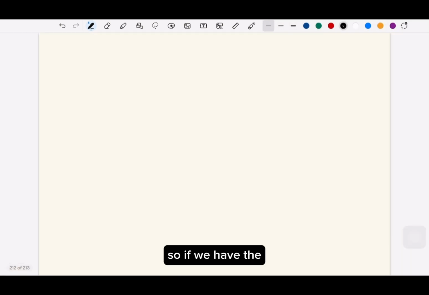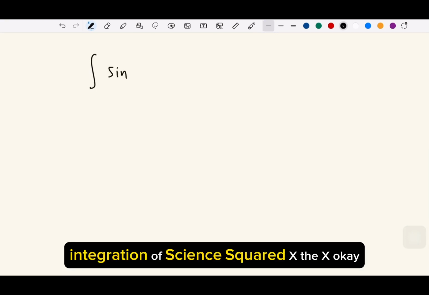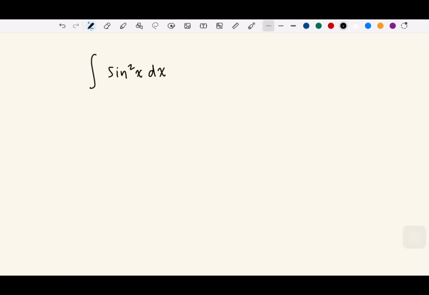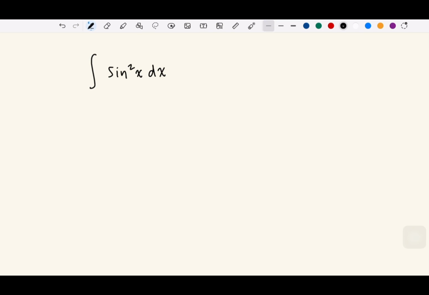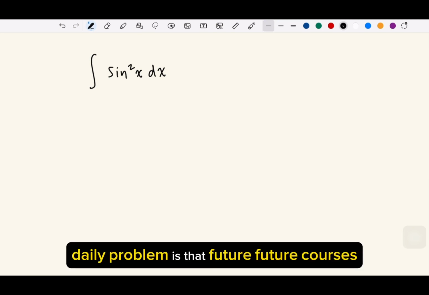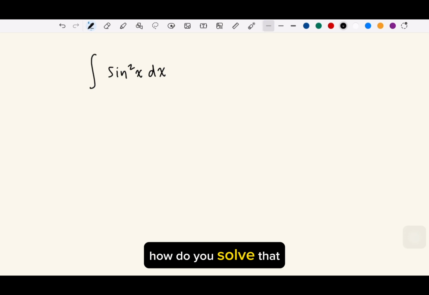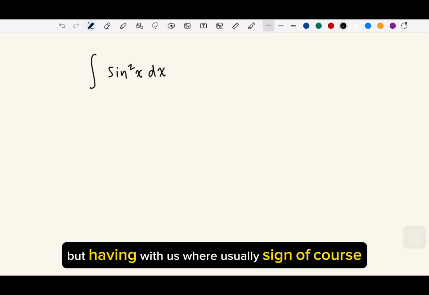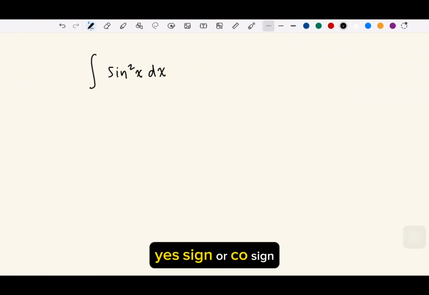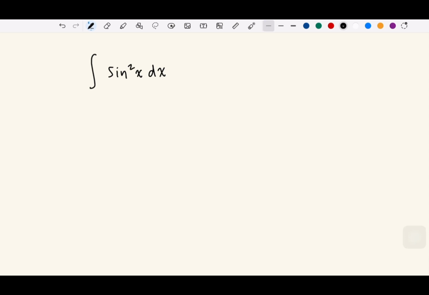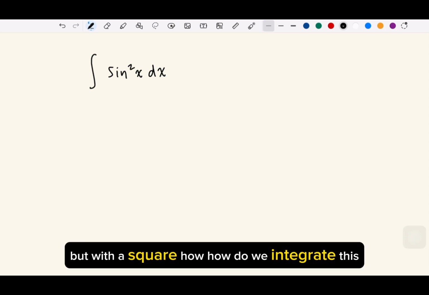So if we have the integration of sine squared x dx, how do we solve this? This will be a typical daily problem in future courses. How do we solve trigonometric functions with a square, usually sine or cosine? How do we integrate this?